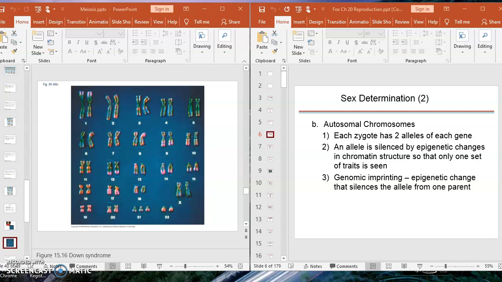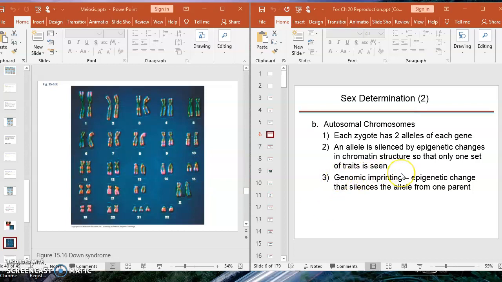Now, however, when fertilization occurs, you remove that silence. So in the zygote, all the chemicals would be removed, so everything could be expressed, except in a case of what we call genomic imprinting.